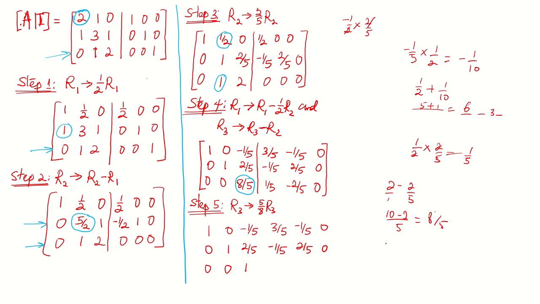So I'm going to multiply 5 over 8 by 1 over 5, that will give 1 over 8. I'll multiply 5 over 8 by minus 2 over 5, that will give minus 1 over 4. And when you multiply 5 over 8 by 0, you get 0. So this is the matrix, the result we arrived at with my vertical line when we apply step 5.